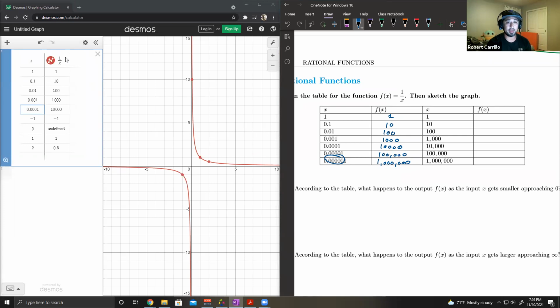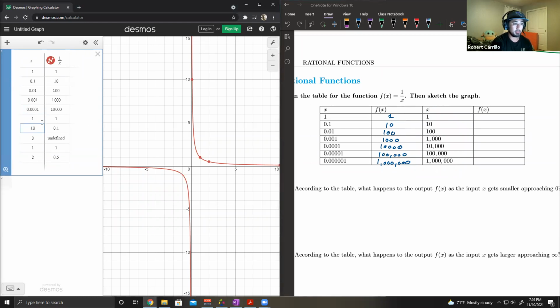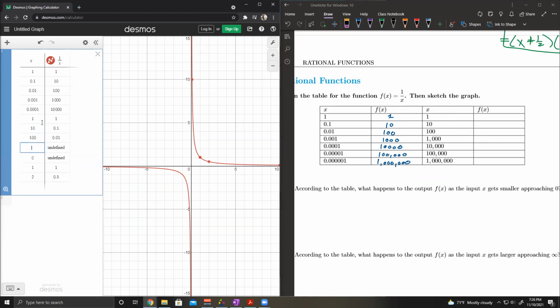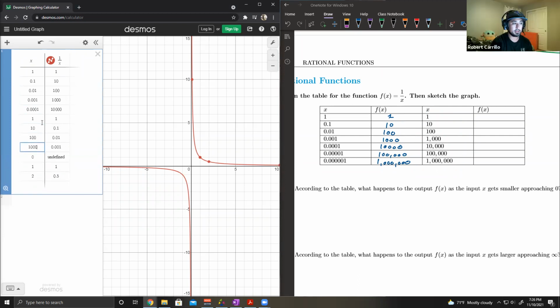Okay. So now let's see what happens when we make the x values larger towards infinity. So in this case, larger towards 1 million. So we're going to type in these numbers now. Okay. So now I'll have 1, 10, 100, 1,000, 10,000, and we'll stop there because now we see that pattern.